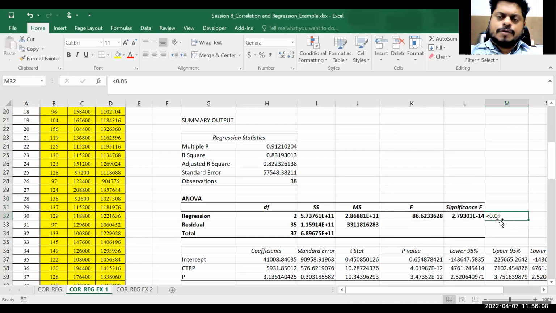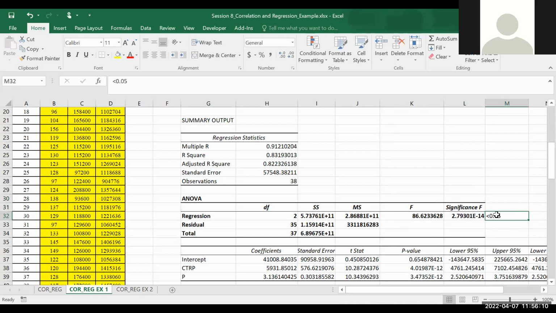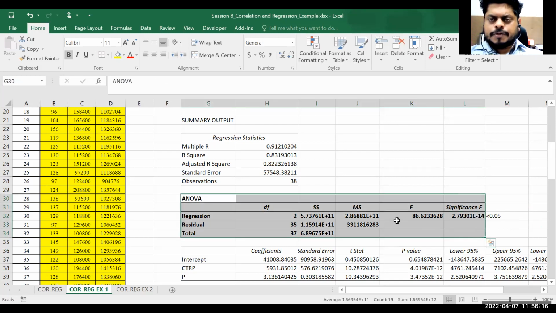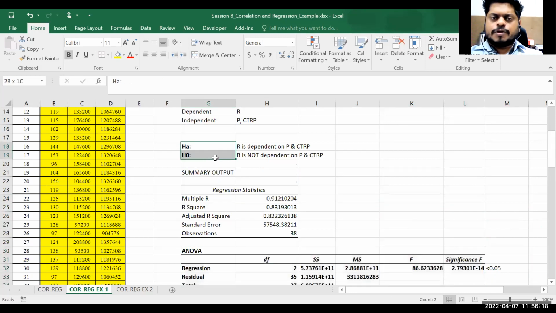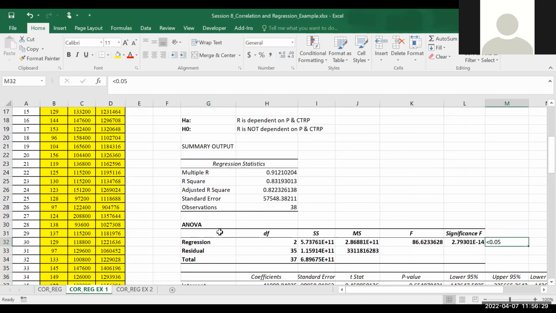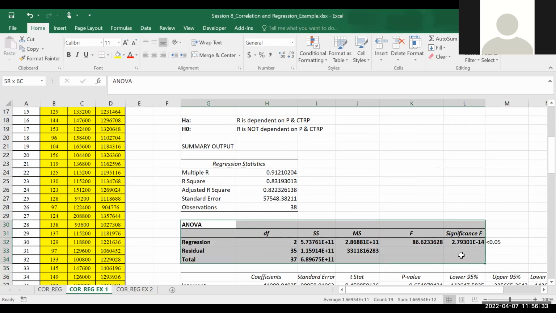Okay, if this value is less than 0.05, then we can make a claim about our null or alternate hypothesis. Sir, if it is less than 0.05, then it is significant and we reject the null hypothesis and accept the alternative hypothesis. That means R is dependent on both the independent variables.